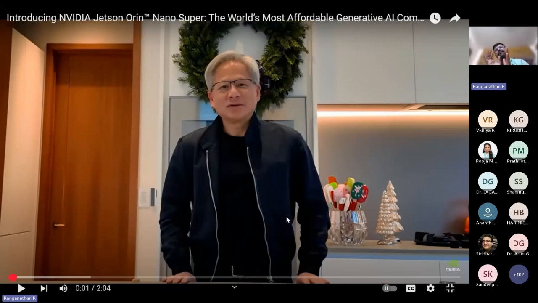Two months before, NVIDIA launched something called Jetson, right? It's just the size of a thumb. In the size of a thumb, they've launched a generative AI powered supercomputer, and the price is close to $2,000 only. In this video, he'll be showing the Jetson Orin. Let's quickly look at that.